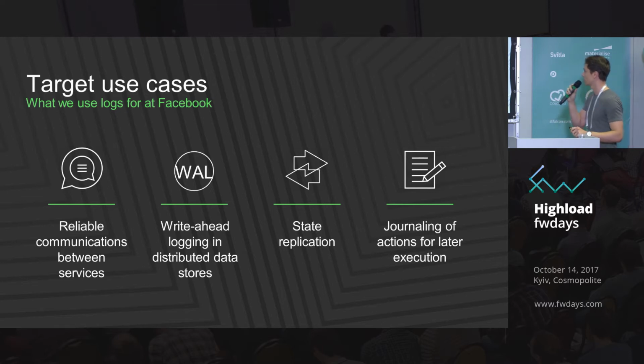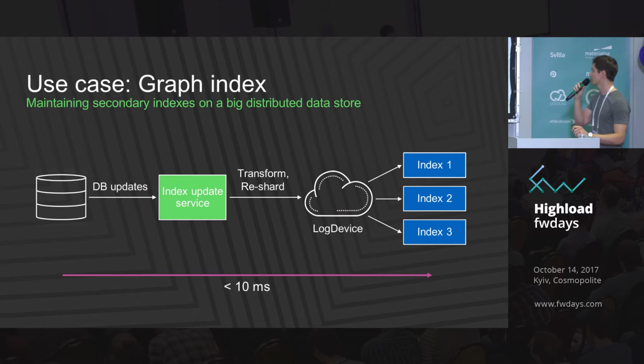Write-ahead logging can also be a use case. State replication, as we mentioned before, and journaling any actions for later execution. Let's take a look at one case a little bit deeper.